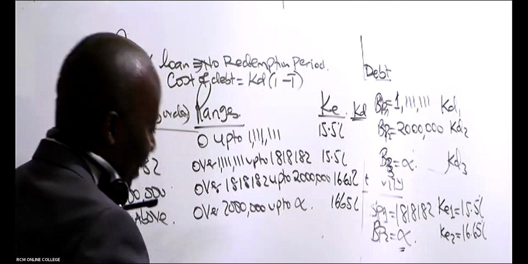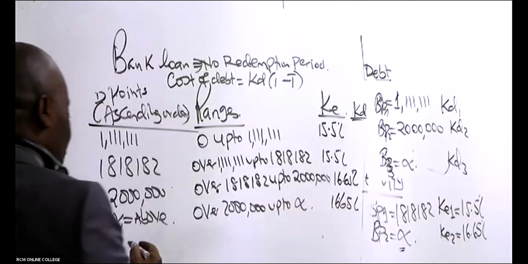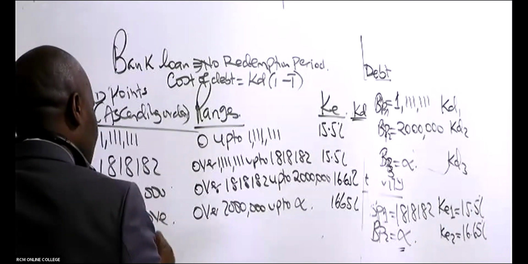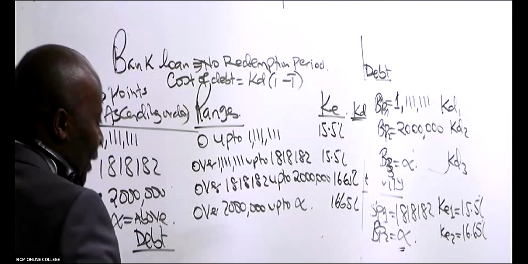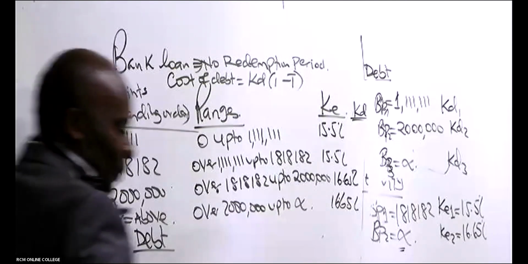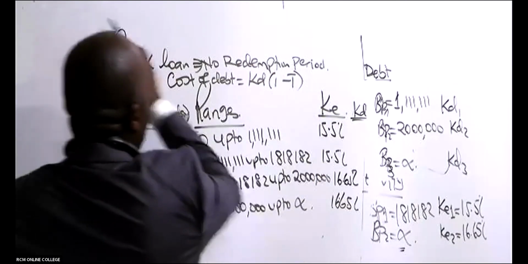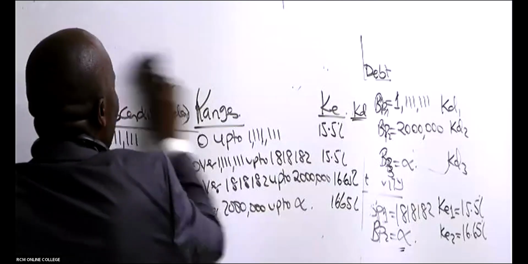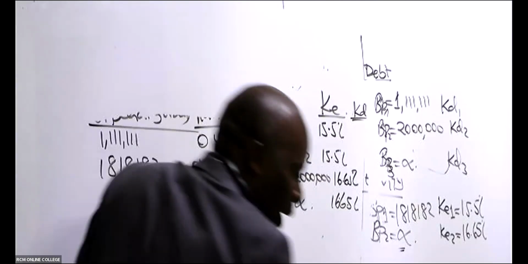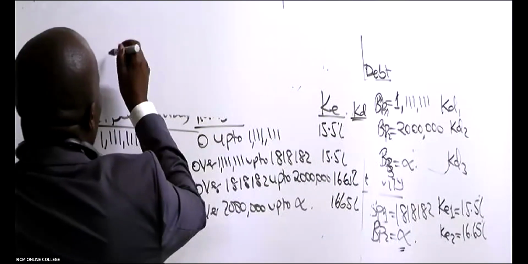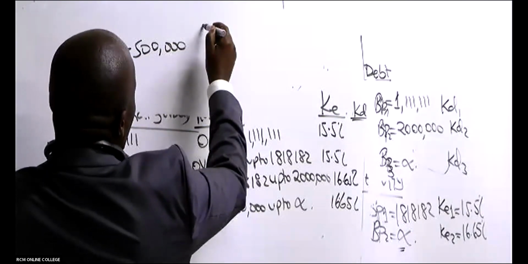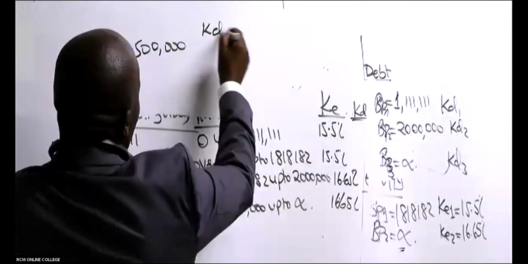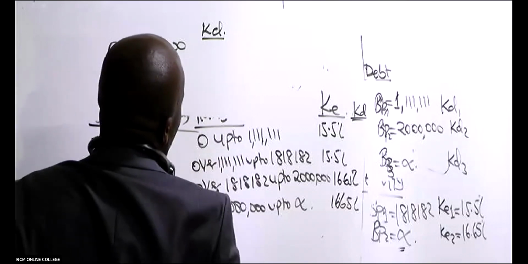Now, please listen. Remember, we had 3 classes for debt. We had the first class running from where to where? 0 to 500,000. And in this case here, we have our KD, which is what here, somebody?